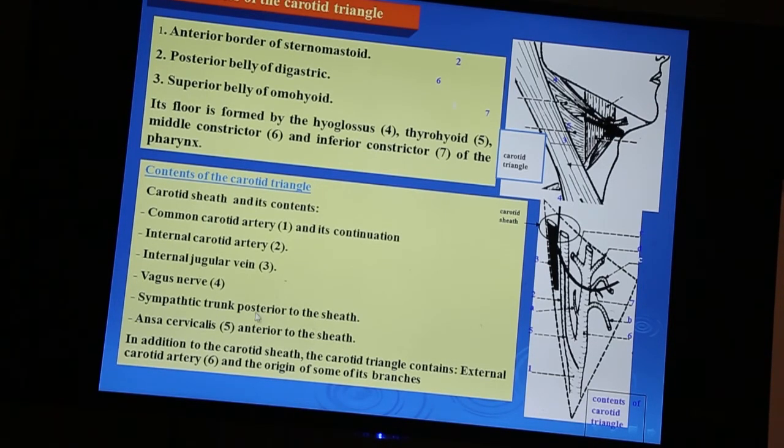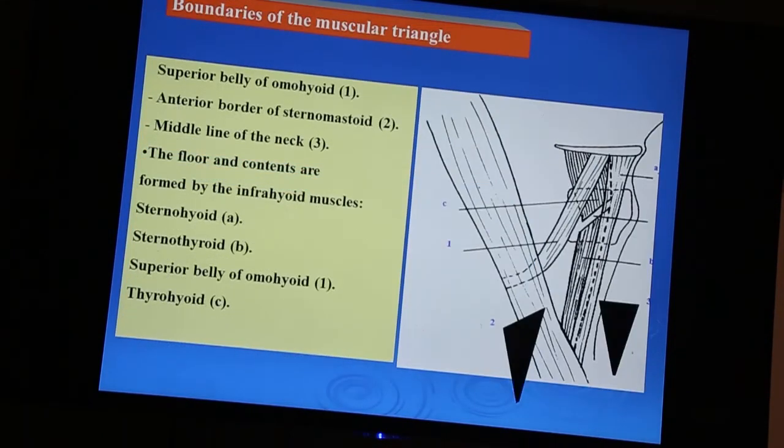In addition to the carotid sheath, the carotid triangle contains the external carotid artery and the origin of some of its branches. These are the boundaries and content of the carotid triangle.